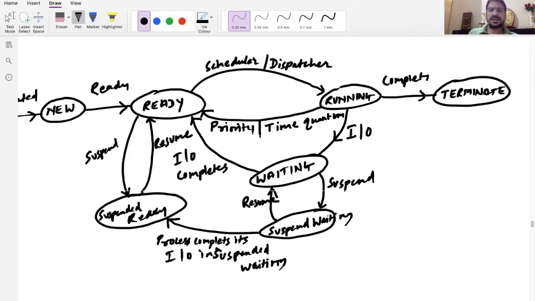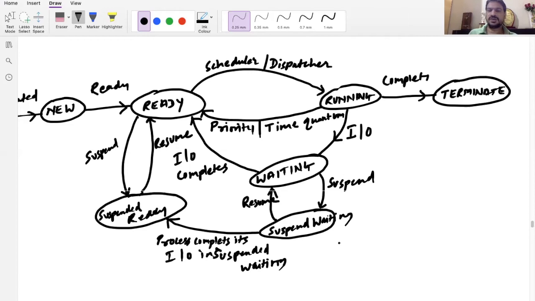And from the ready state also, a process can go to suspended ready if any higher priority process comes into the main memory, or it can be resumed again once there is free memory. From the suspended waiting also, a process can come into the suspended ready state when the process completes its IO while it is in suspended waiting.